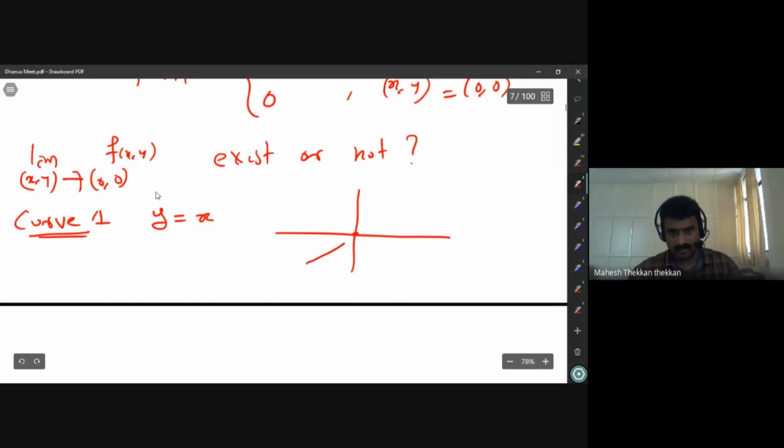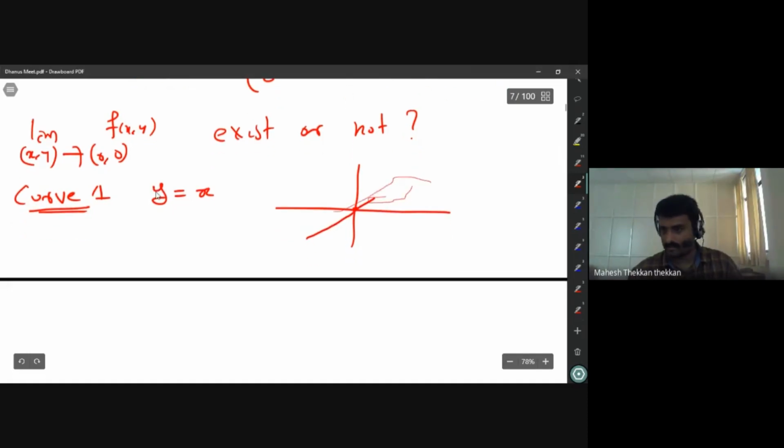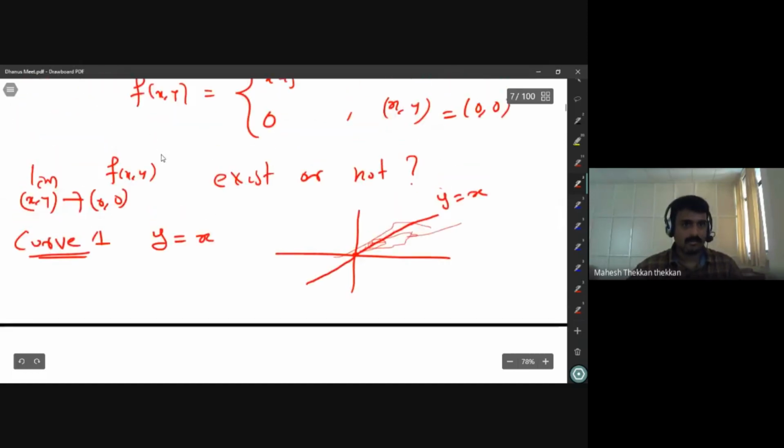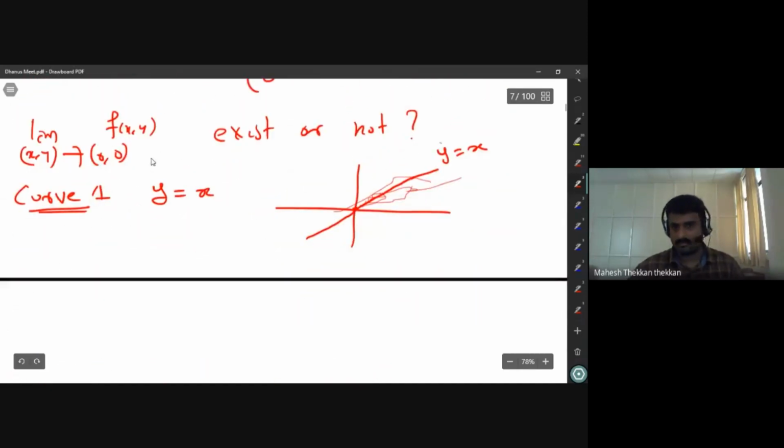The first one I am considering is this line y equal to x. And I will look at the limit along this curve.